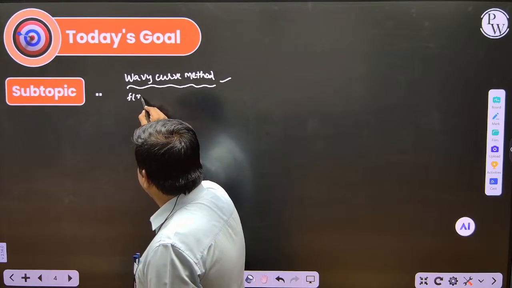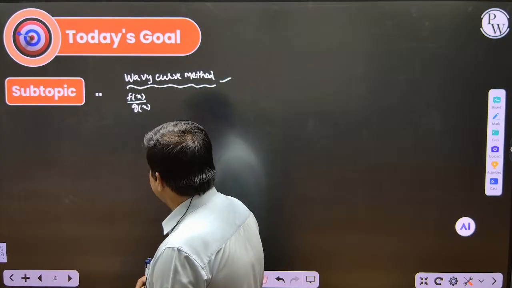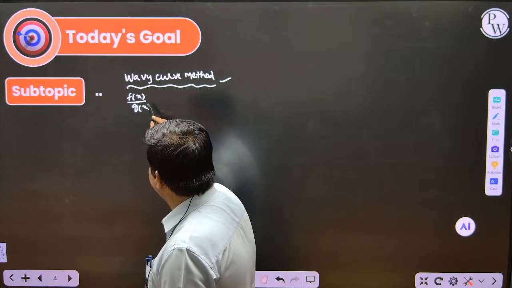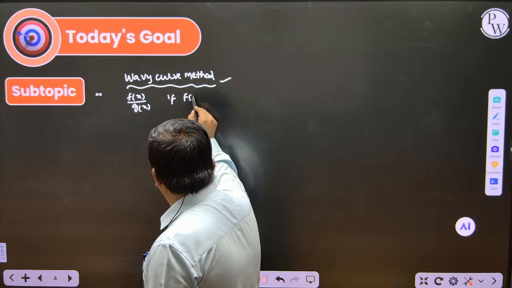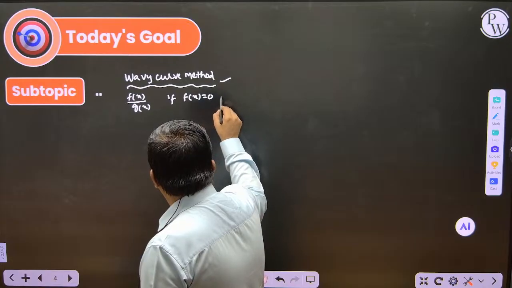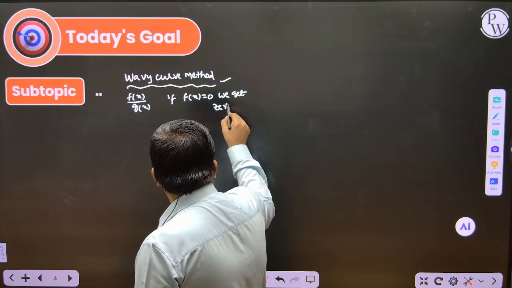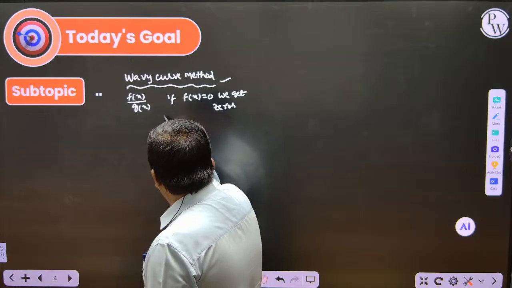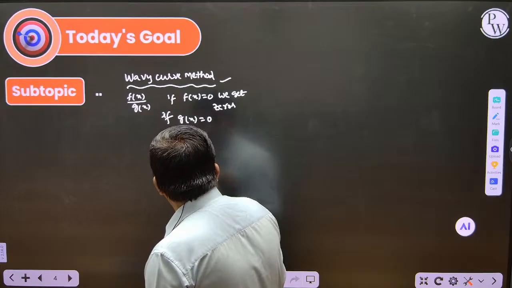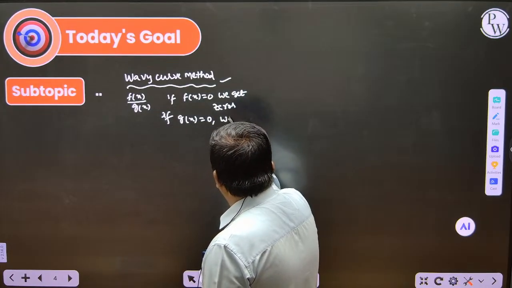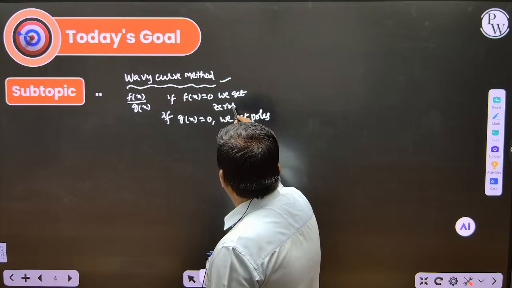If this format is given to you, if f of x is equal to 0, we get zeros. If g of x is equal to 0, we get poles.